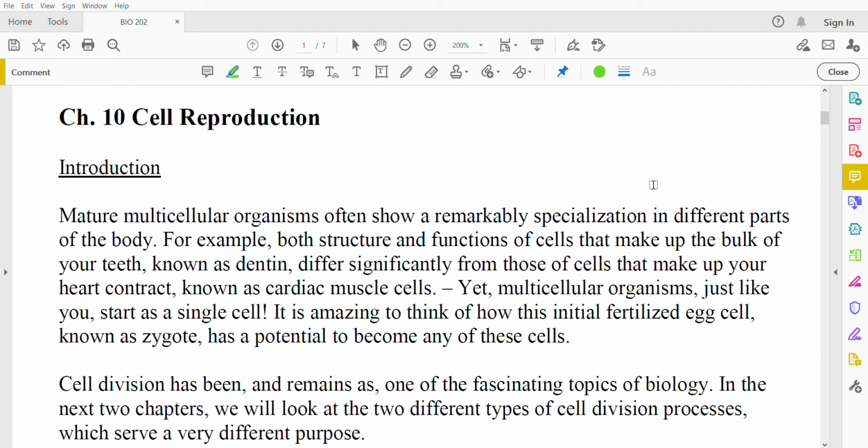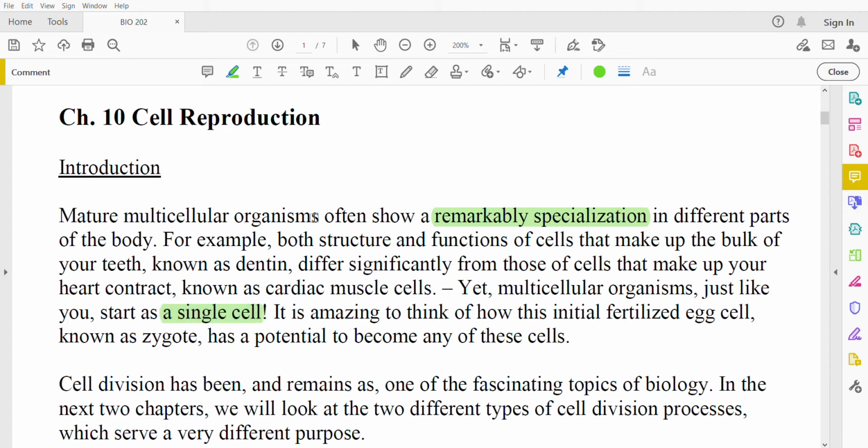One of the examples that I used during the lecture videos was sea urchins. I highlighted how there's such a remarkable variation of specialized cells present in a mature sea urchin, and how all these cells are so different, yet they started as a single cell.